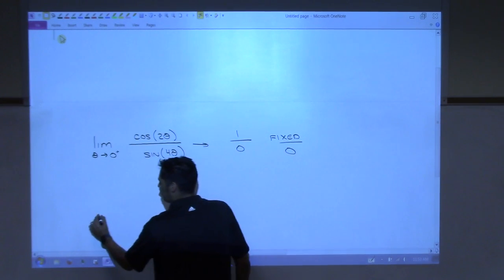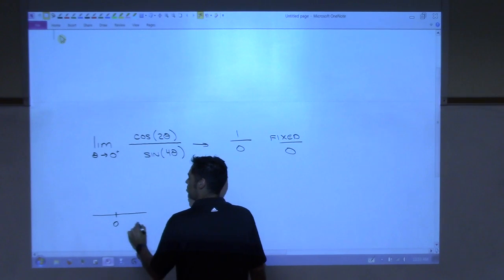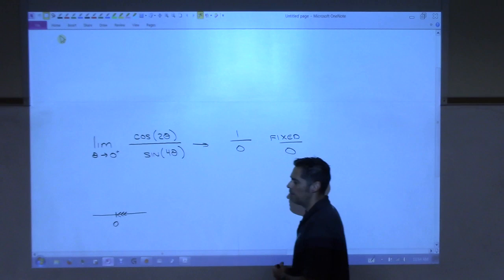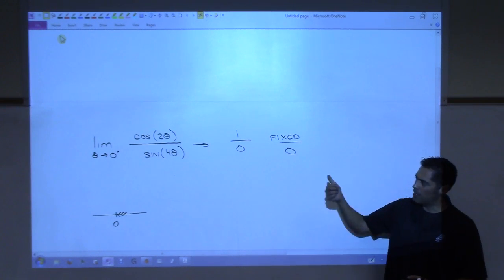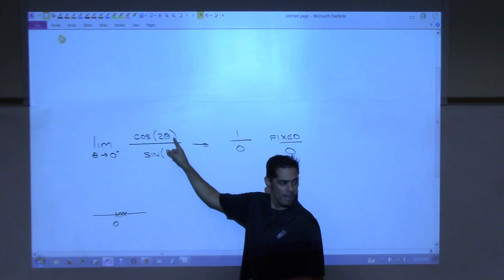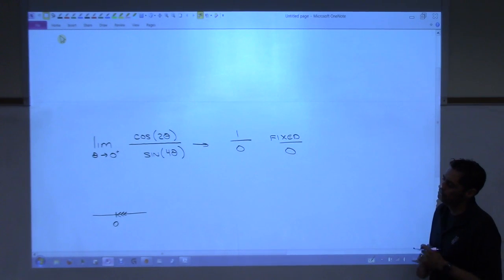All right, so I just need to determine the signs. And so I'm going to be approaching 0 from the right side. And so I could pick a number and start plugging it in, but I'm going to try and do this without a calculator.